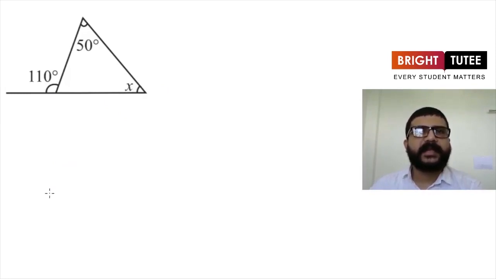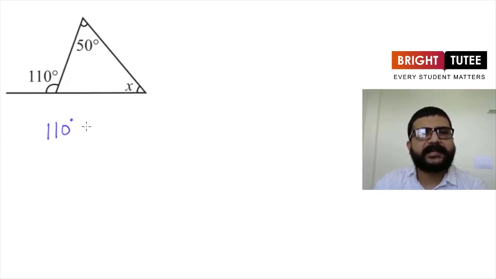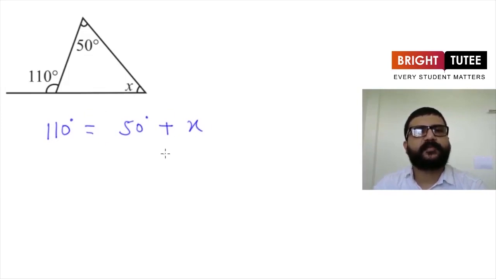It was that an exterior angle of a triangle is equal to the sum of its opposite interior angles. So here also we can use that, which will give us 110 degrees is equal to 50 degrees plus x. Now from here can we find the value of x? Yes, we can.